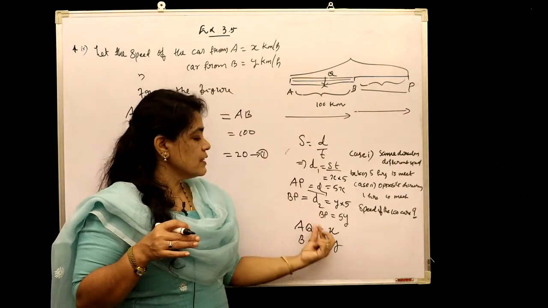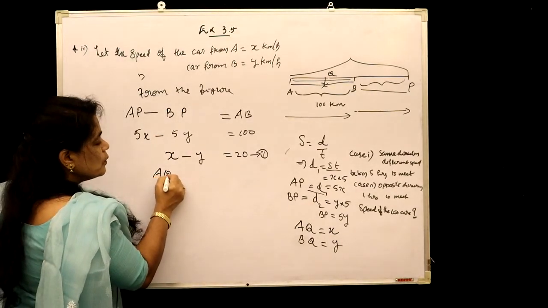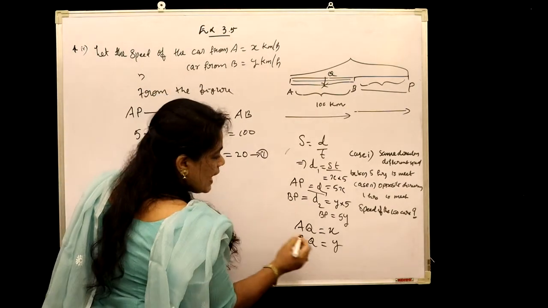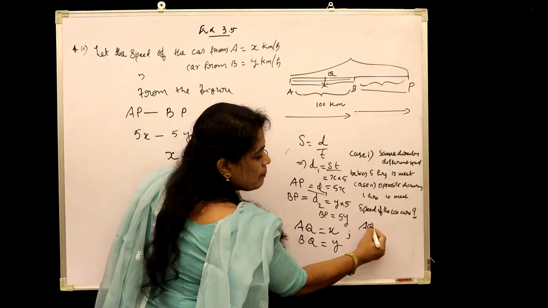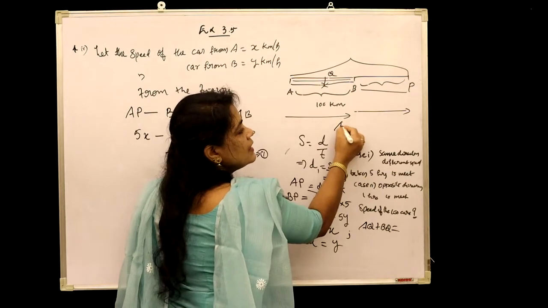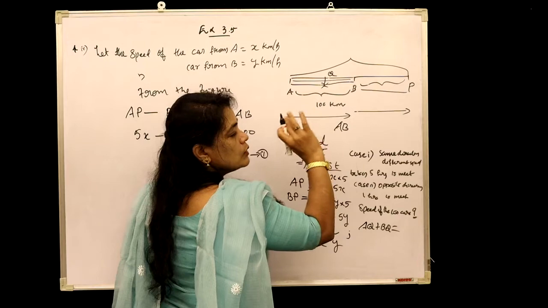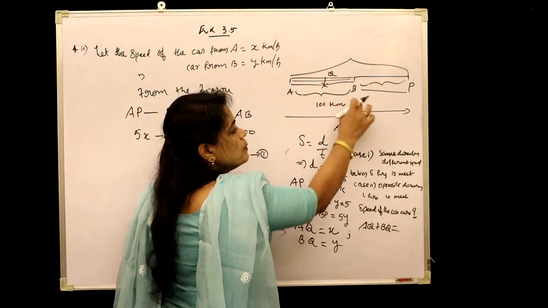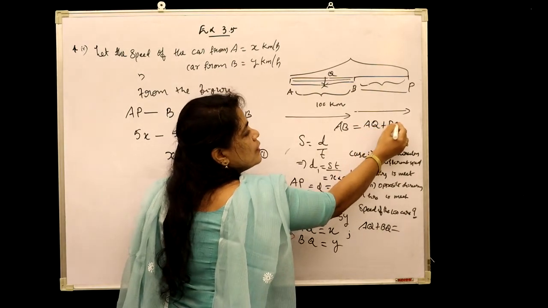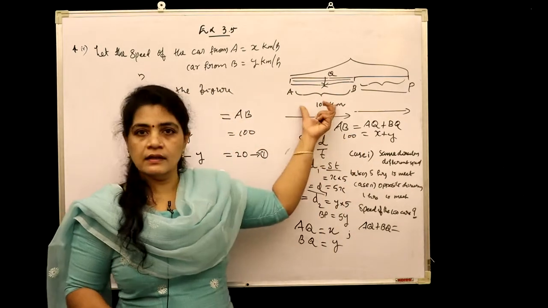AQ is the distance we got as x, so AQ plus BQ equals AB, the total distance between A and B. That is x plus y equal to 100, as given.